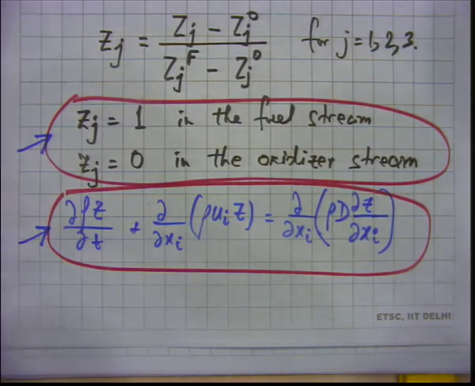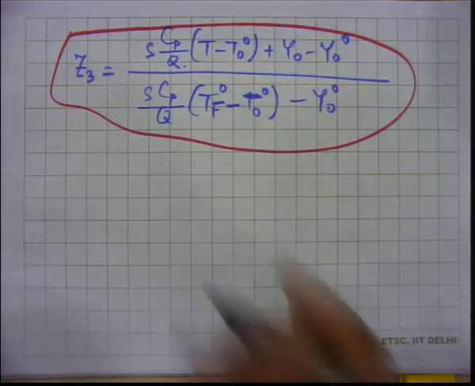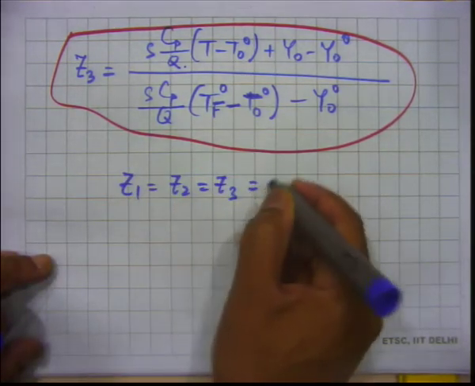So what can we say then? If they follow the same governing equation and have the same boundary conditions, then their solutions will all be equal. So we can say that Z1 equal to Z2 equal to Z3, and we can call that a small z.